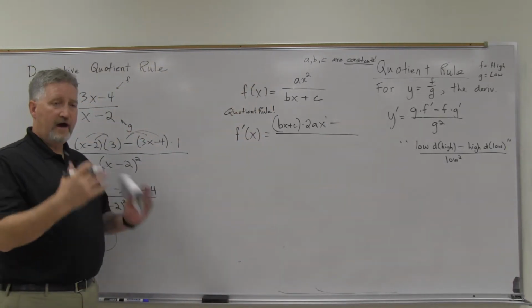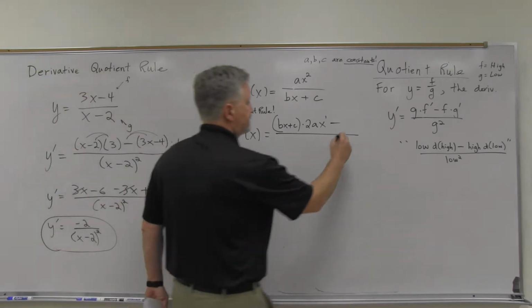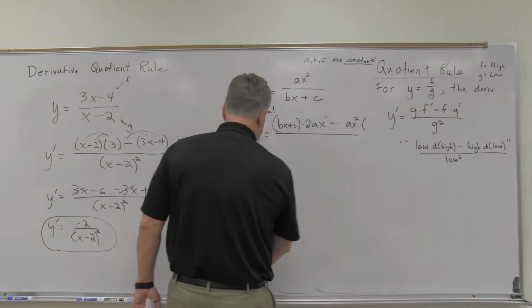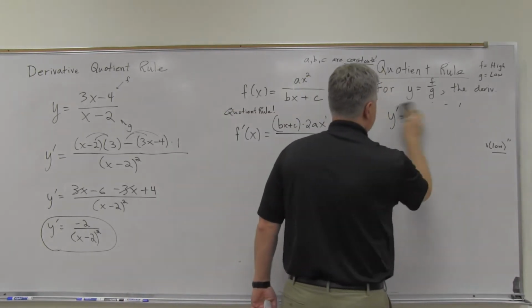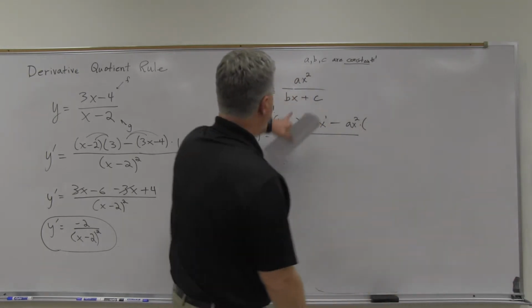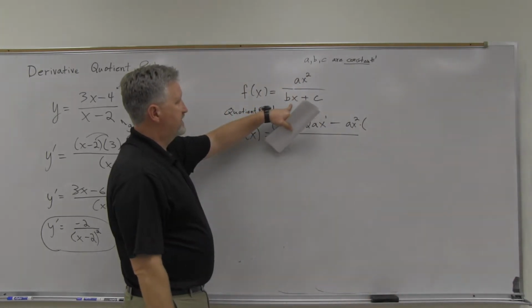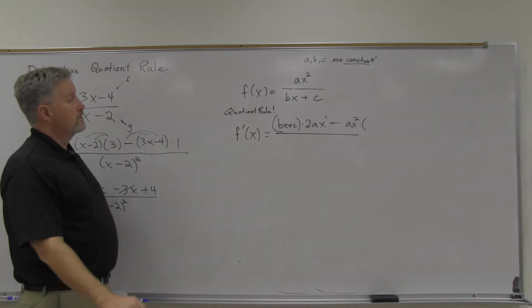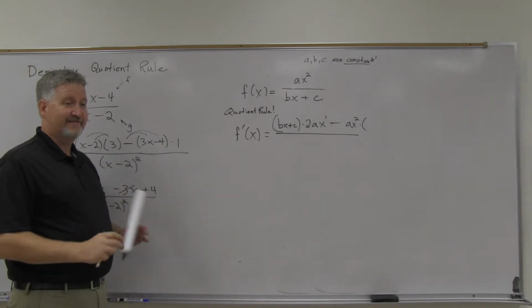All right, then I do the high, ax squared, times the derivative of the low, bx plus c. Well, b and c are constants.